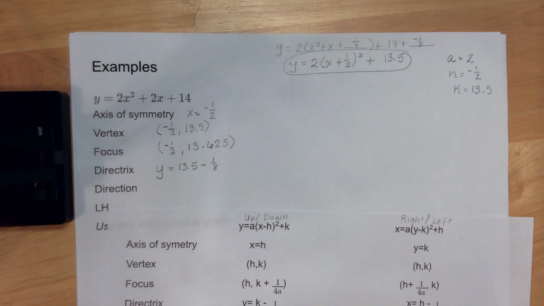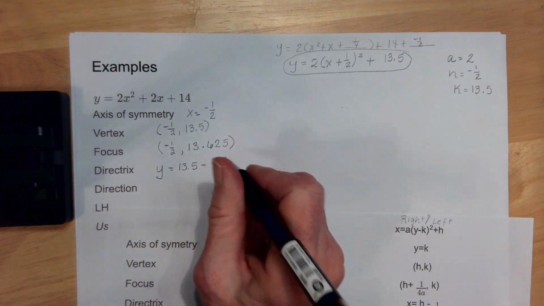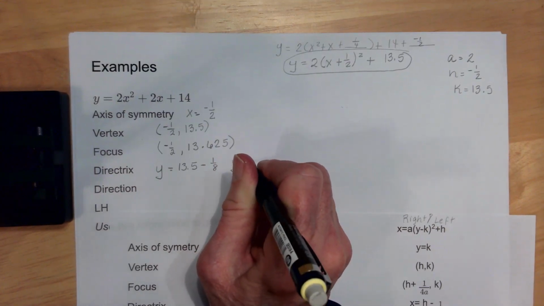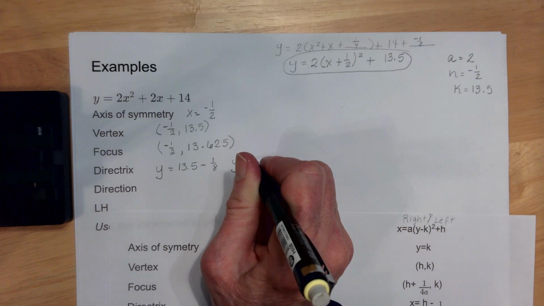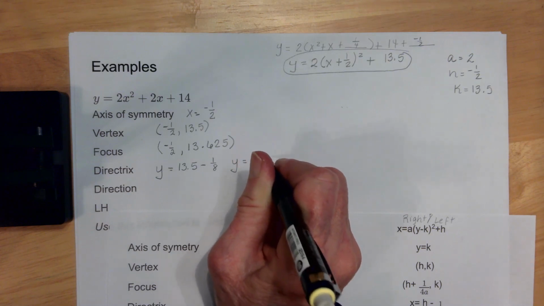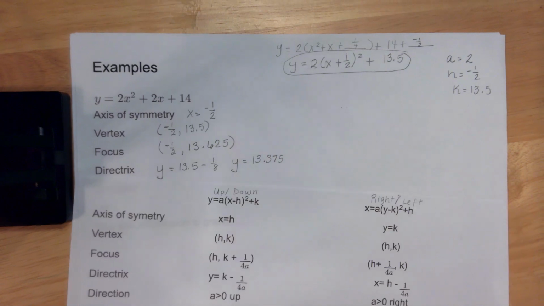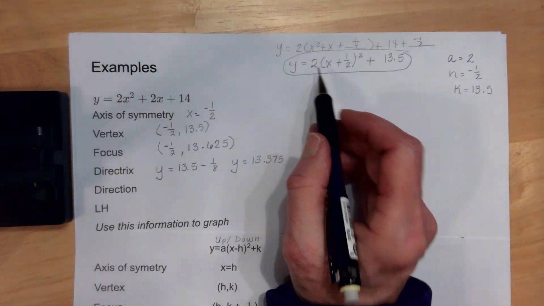So I'm going to give you a value for that. I'm going to use the calculator. And I'm going to get 13.375. So I'm going to rewrite it here. Y is equal to 13.375.